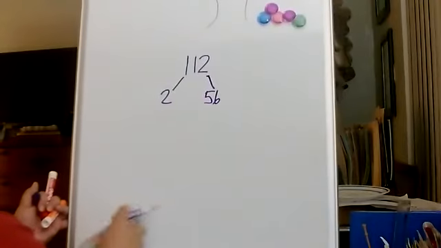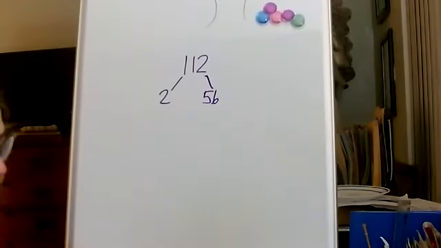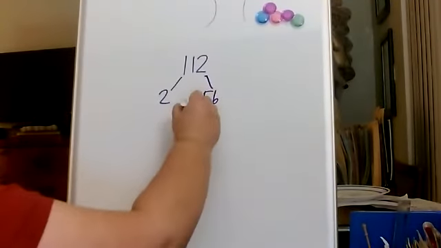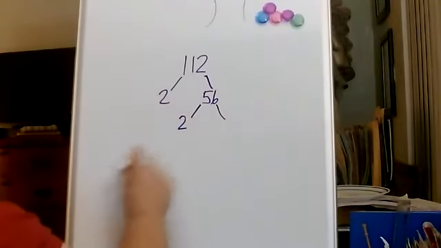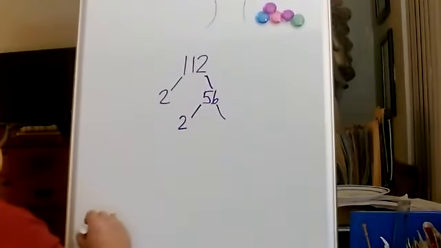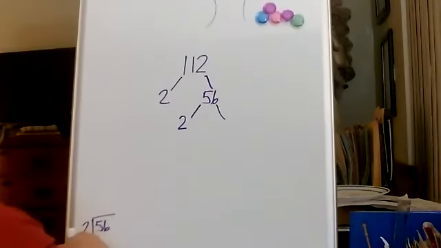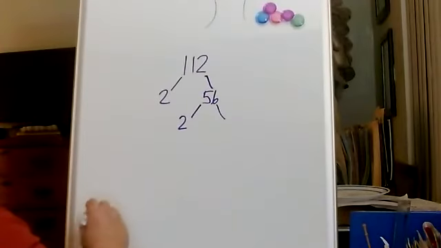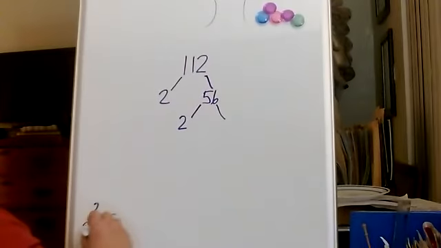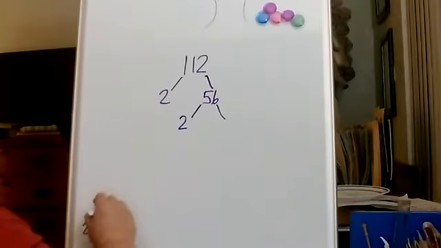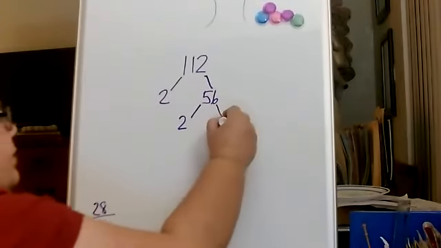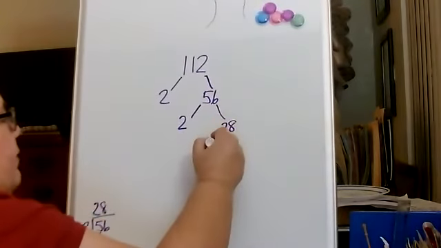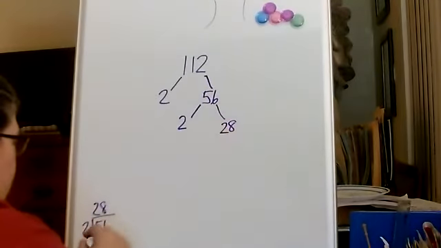And then we can see that that is still an even number, so we have 2. And again, 56 divided by 2. 2 goes into 5 2 times. 2 times 2 is 4. We subtract, 5 minus 4 is 1. 6, bring it down. This is going to be 8. So this is 28.